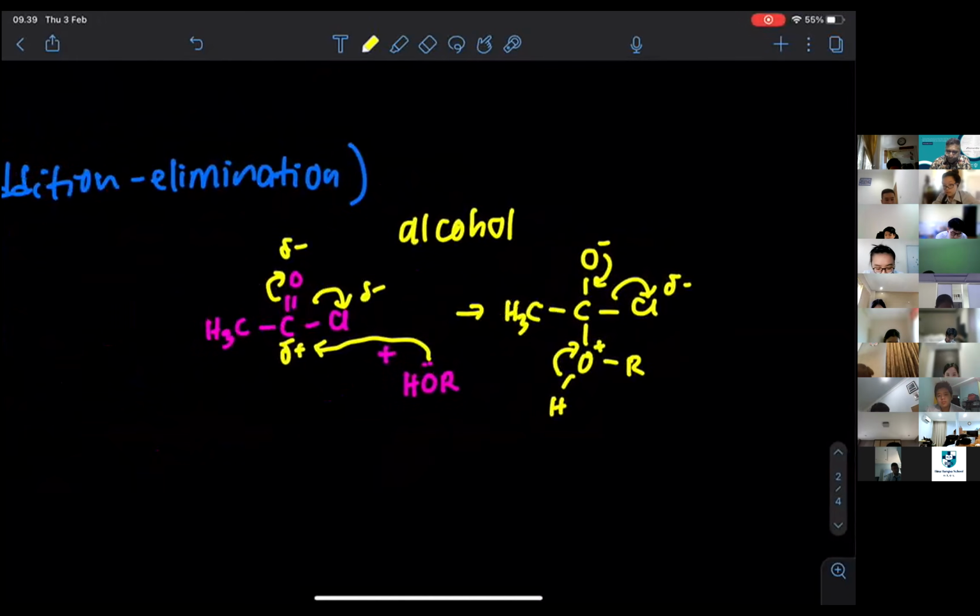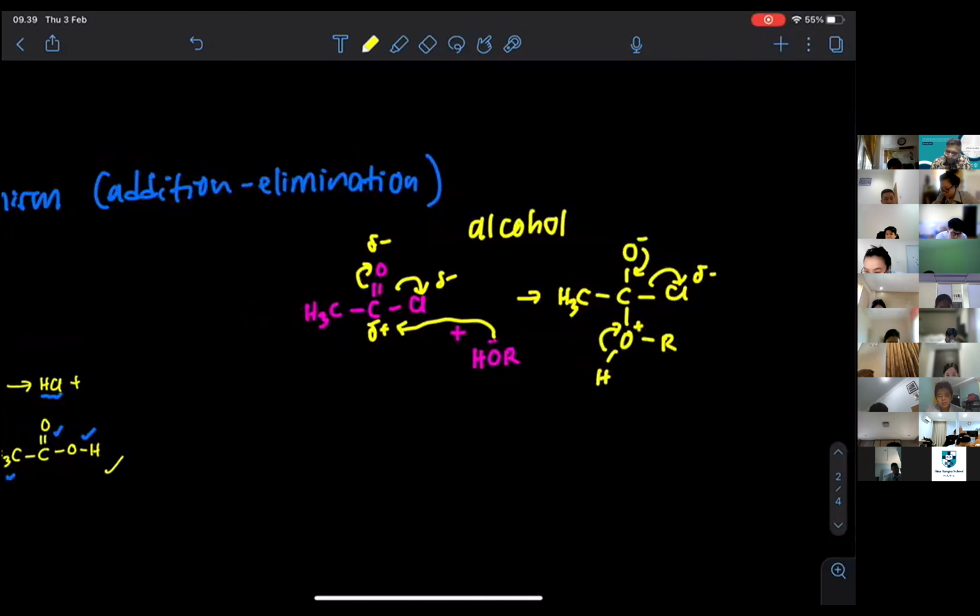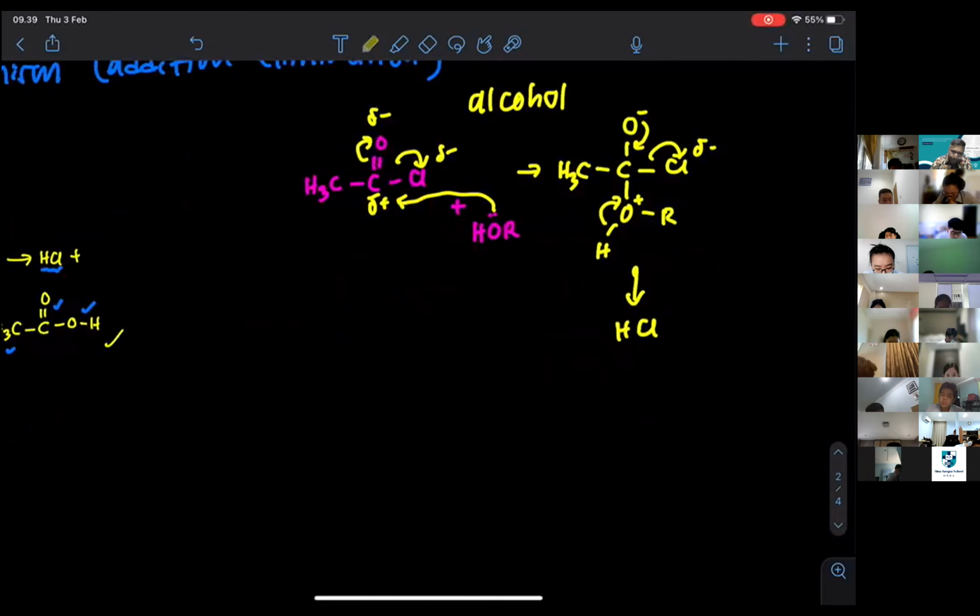So the bond between the Cl and H is broken, and you are going to get HCl. And the product that you are going to get is CH3, C double bond O, and then you have O, and then you have R. So this is going to be ester.